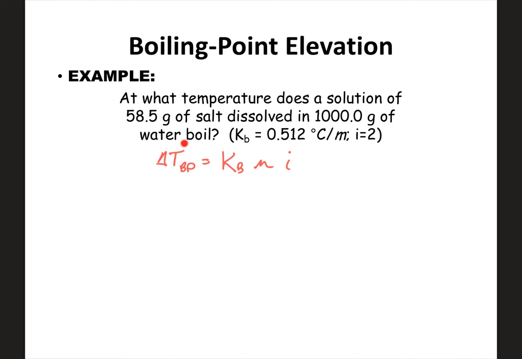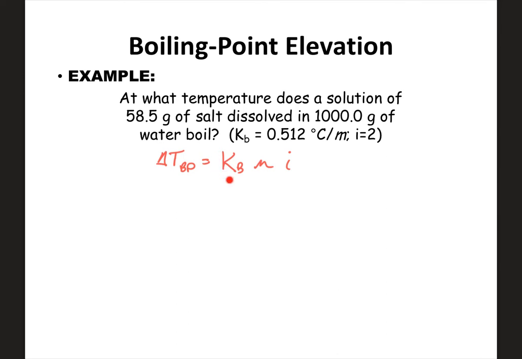So we're going to use the equation and solve for this. That's going to tell us the change in temperature, and then we'll have to add this value to our original boiling point. Again, this is water, so you should know the temperature water would traditionally boil at. We're going to have to add this value to the normal boiling point of water to get the temperature that this solution would be boiling at. So just be careful how the question is worded here.